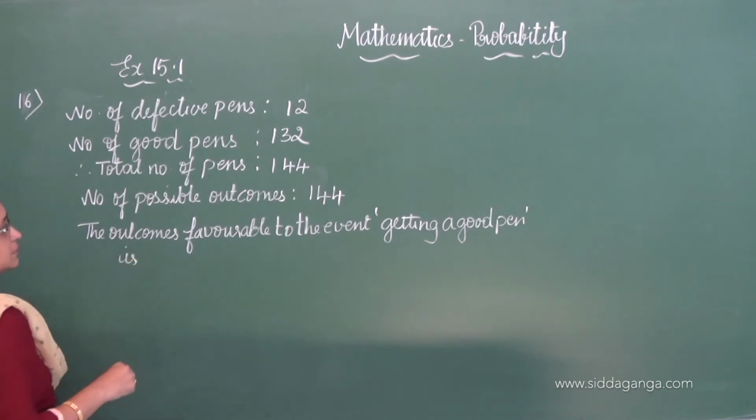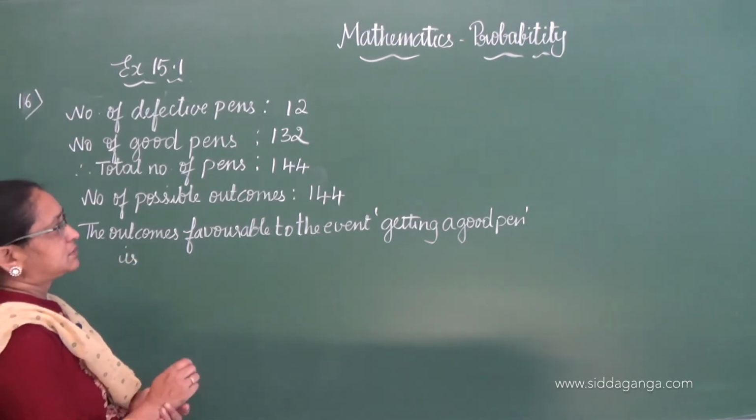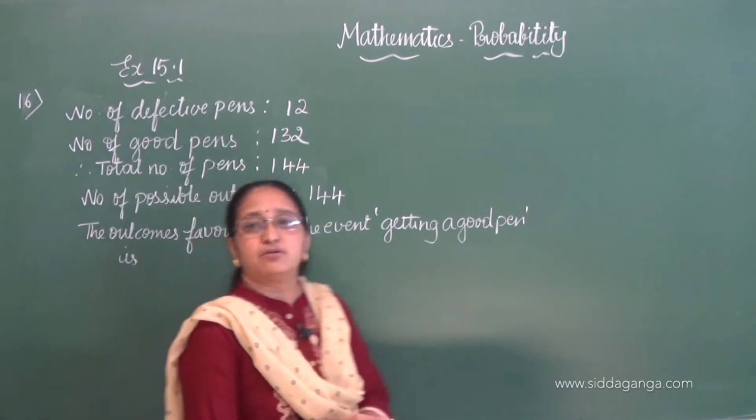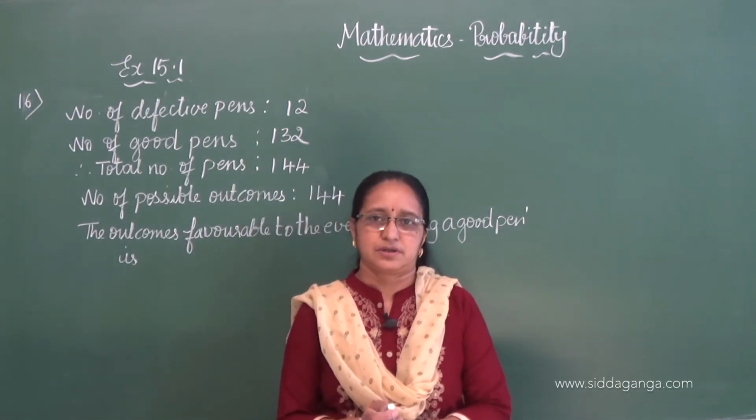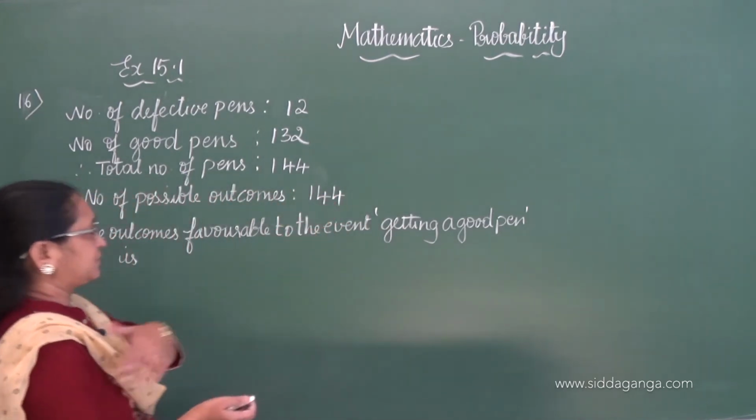Is getting a good pen, how much? See, how many good pens are there? 132. 12 are defective, but total pens are 144.